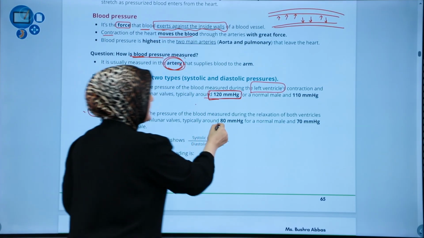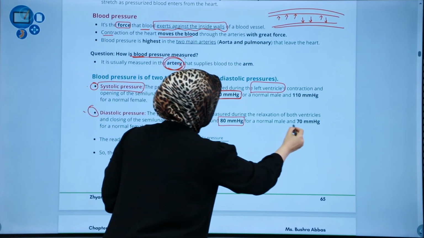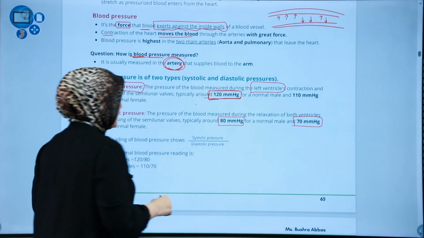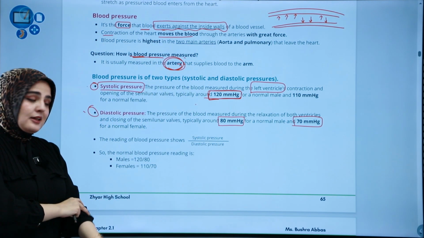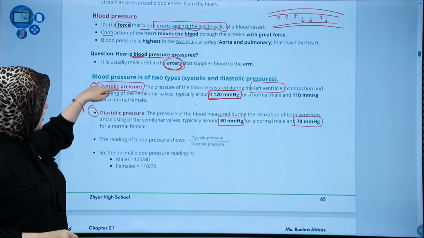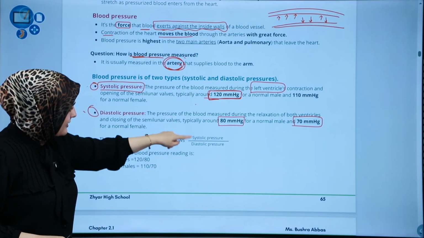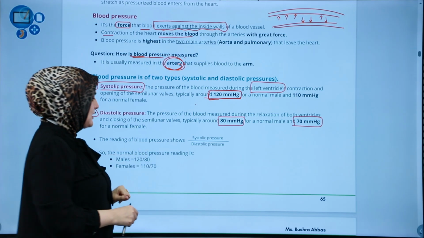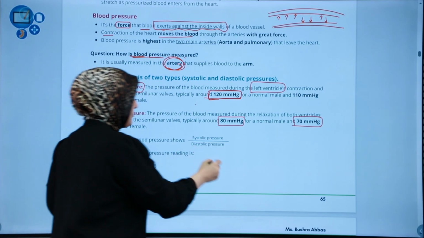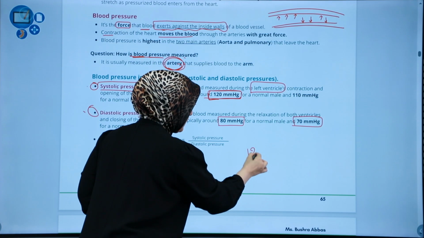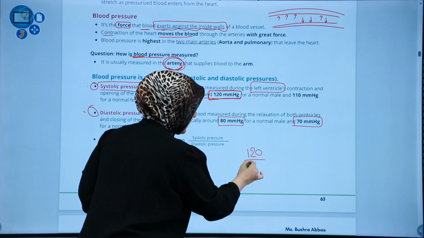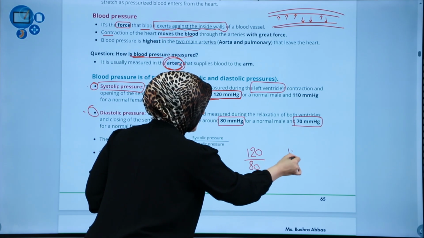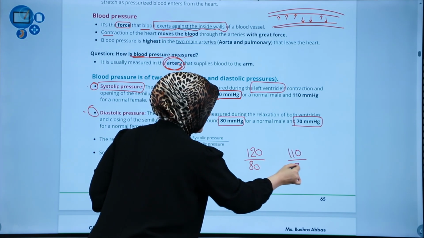It becomes 80 for males and 70 in females. And the way our measurement device reads it, they put the systolic over diastolic, like this, okay? So how are you going to read it? Males have a normal blood pressure of 120 over 80, while in females it is 110 over 70.